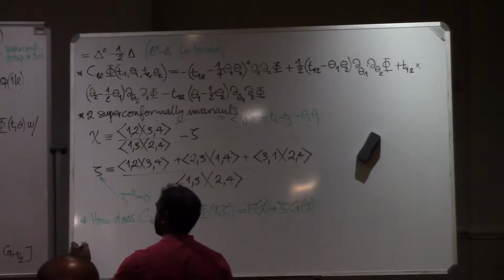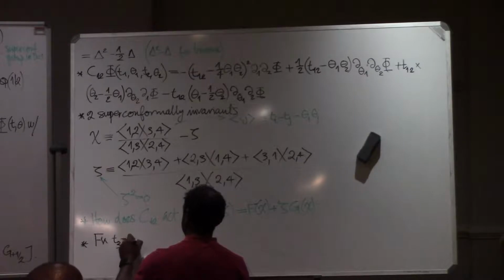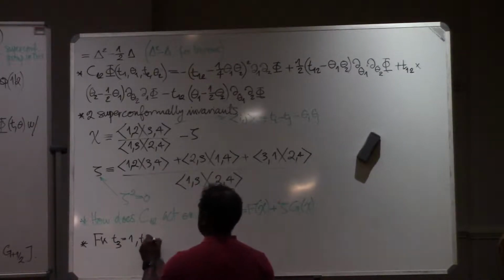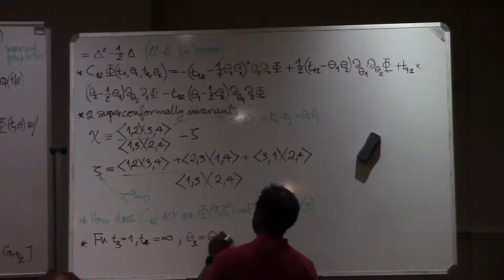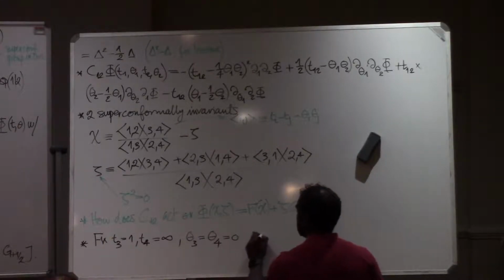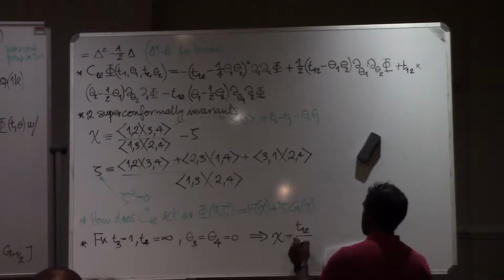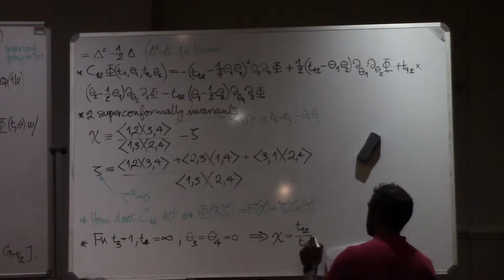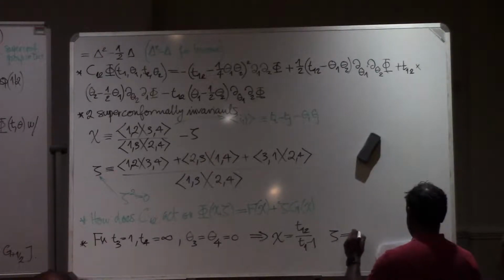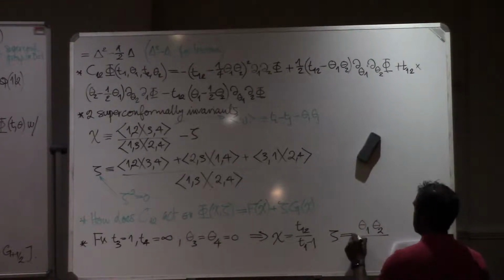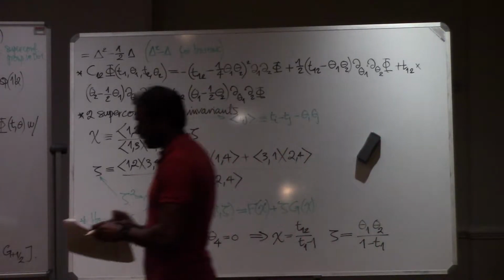We'll set t3, t1, t4 out to infinity and turn off theta 3 and theta 4, so that chi is just t12 divided by t1 minus 1, and zeta is just theta 1 theta 2 divided by 1 minus t1. That simplifies the action of C12 quite considerably.